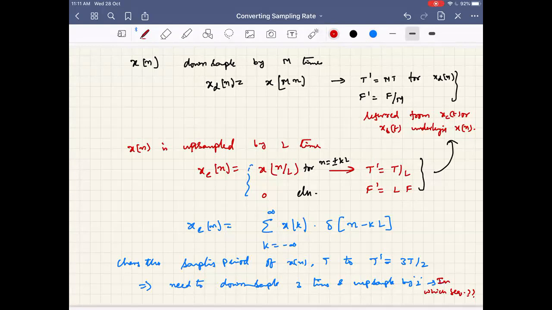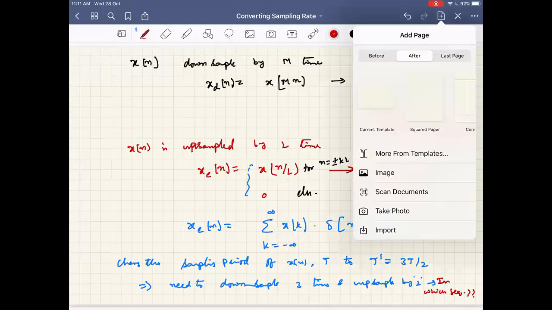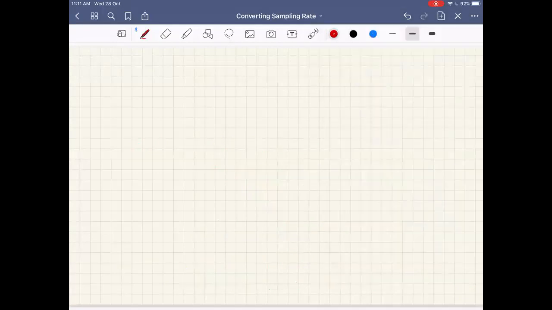Now let us figure out the implications in the frequency domain. First of all, let us understand why we should bother about frequency domain implications. Assume that I have a signal. I will directly sketch the spectrum of the signal.